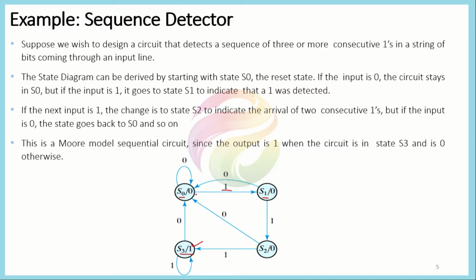Whenever there is a 0 in between, it moves back to the reset or starting state, and the output value is 1 only when there are three or more consecutive ones. Otherwise, the output value is 0.